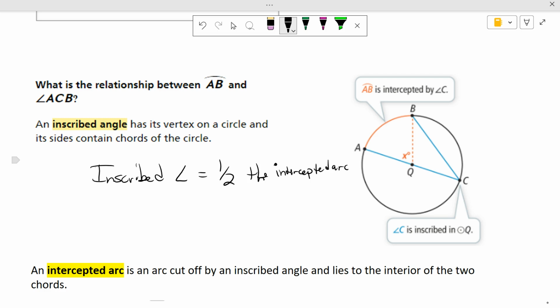So the definition of an inscribed angle is an angle that has its vertex on the circle and the sides are chords of the circle. So its vertex has to be on the circle to be an inscribed angle.